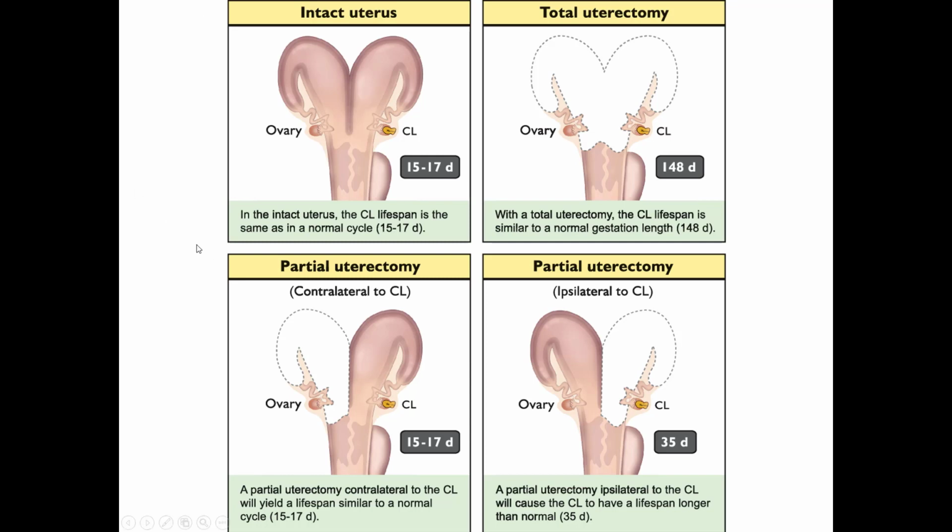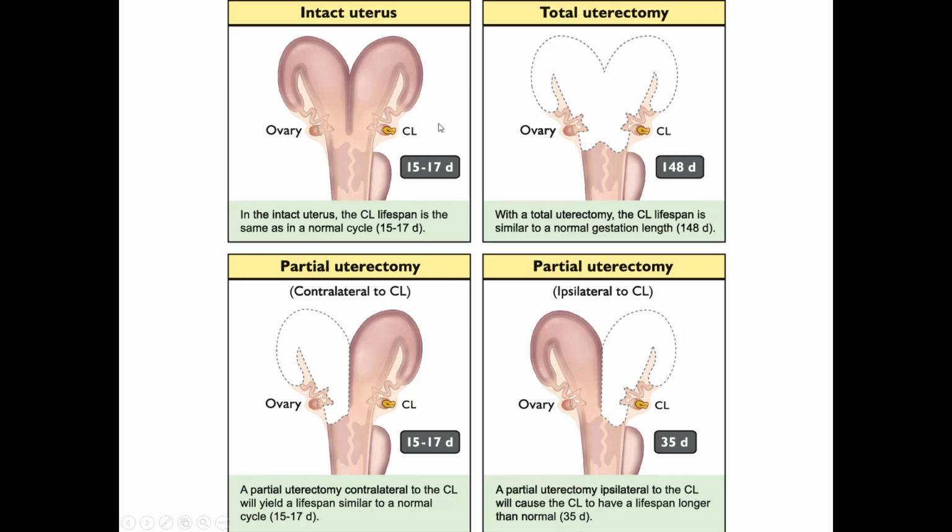In the first figure, we've got a uterus that is completely intact. We haven't surgically removed anything. We've got a corpus luteum on the right ovary, and on the left ovary, there's no corpus luteum, but the uterus is fully intact.